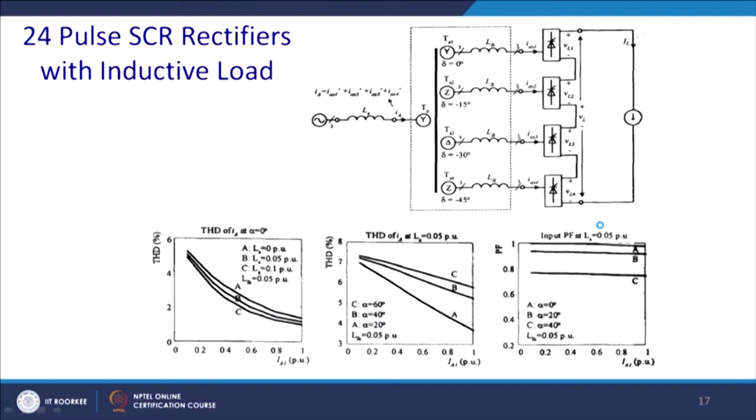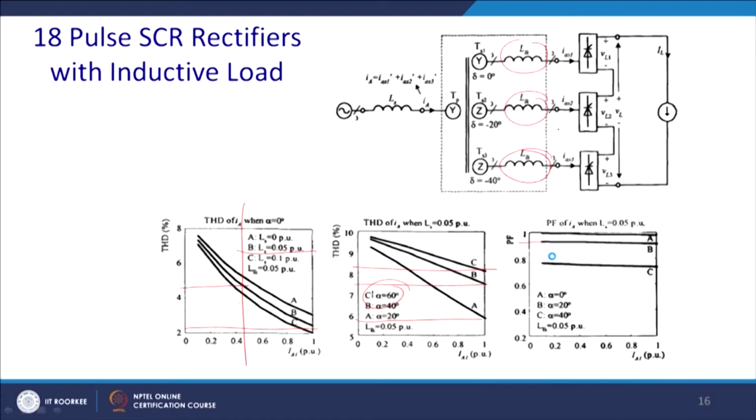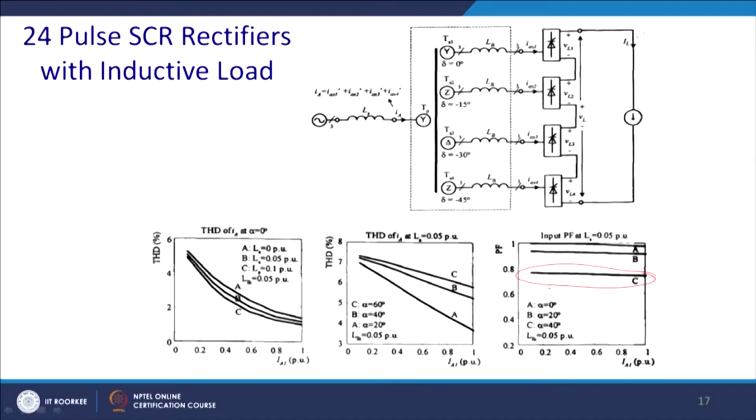The same concept can be extended to the 24 pulse converter, and let us see what the benefit of this is. In the case of C, you can see that this curve is almost the same, so there is no such benefit attained by connecting the extra converter. For B you can see that it is close to the same.